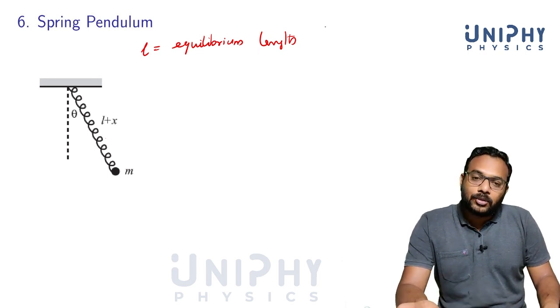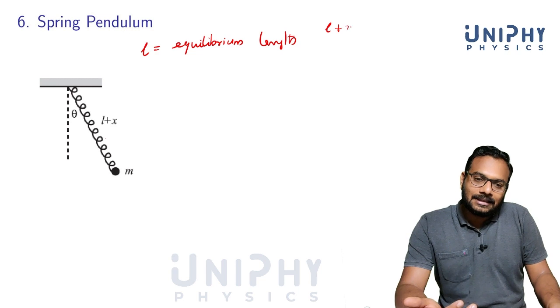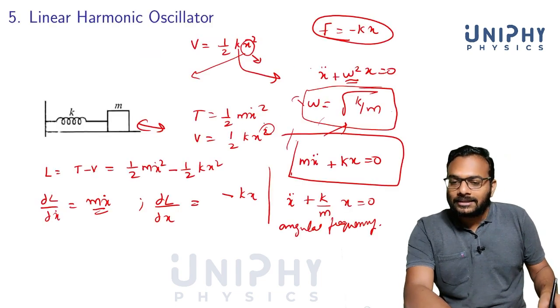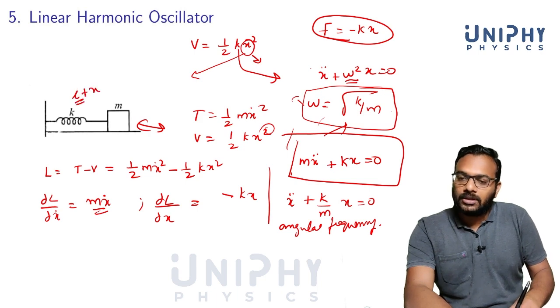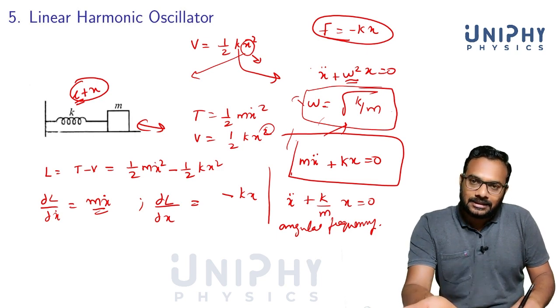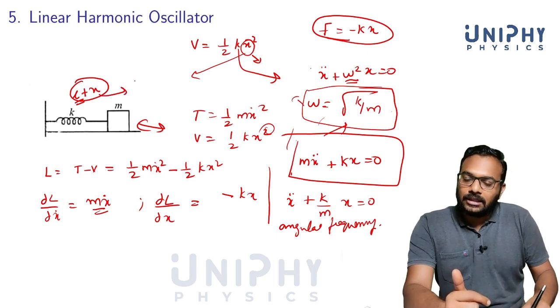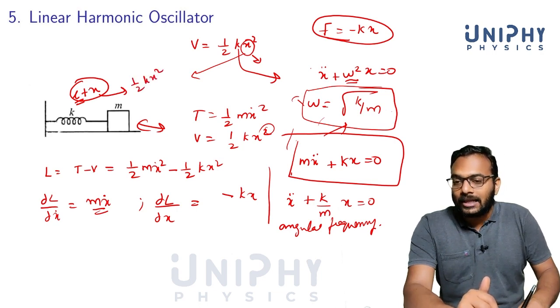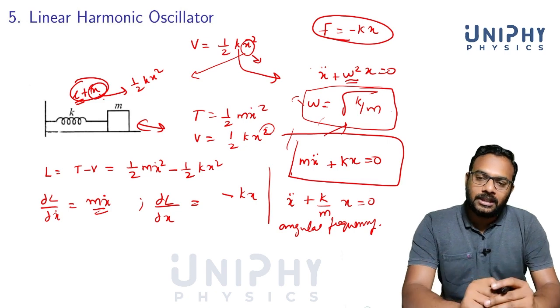In the previous problem also we should have written it as L plus x, where only x would contribute to the potential energy. This L does not appear in the kinetic energy, because when you take the time derivative it disappears. The potential energy only involves half k x square, the elongation from the equilibrium position.